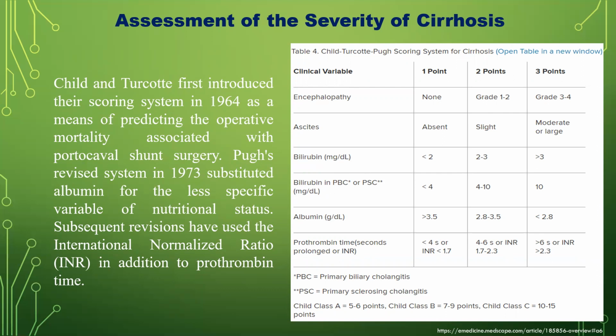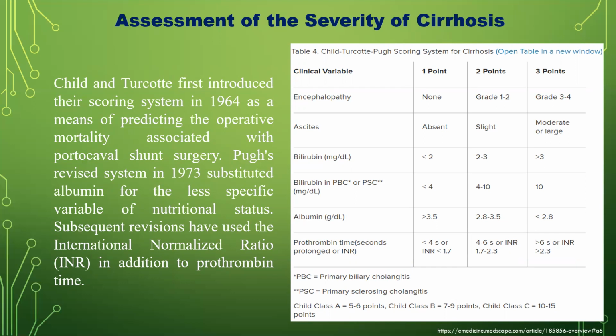Nowadays the assessment of severity consists of the presence or absence and severity of encephalopathy and ascites, bilirubin levels, with different thresholds for patients with or without biliary cirrhosis or cholangitis as a cause of cirrhosis, albumin levels and their loss, and prothrombin time, which increases with the progression of the disorder.